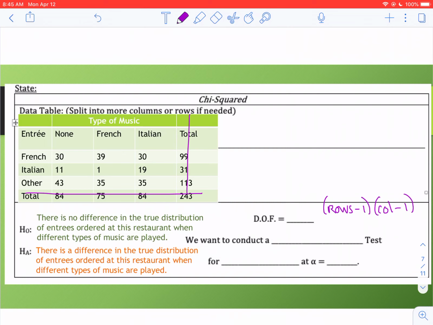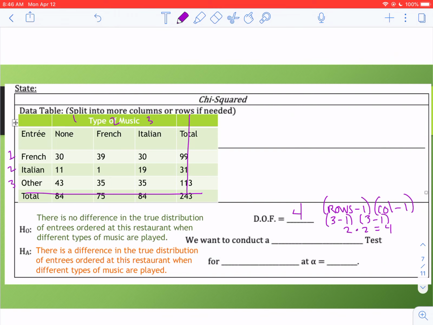Those are just to help us with our calculations. So we've got 1, 2, 3 rows and 1, 2, 3 columns. So I'm going to have 3 minus 1 times 3 minus 1, which equals 2 times 2, which means my degrees of freedom for this will be 4.